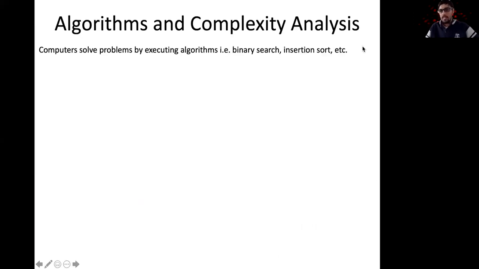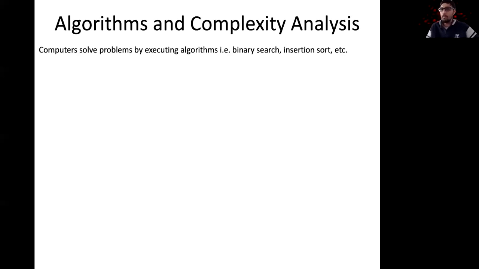Classically, computers solve problems by algorithms. You have a problem that you want to solve on a computer, you develop an algorithm that solves the problem, and then you execute that algorithm on a computer. If the algorithm has been executed properly, at the end you will get the answer.